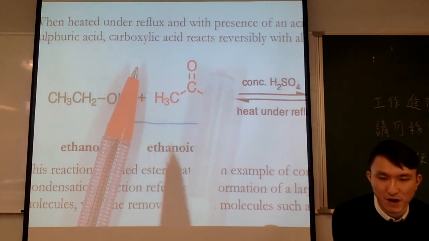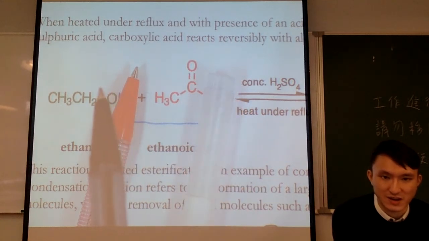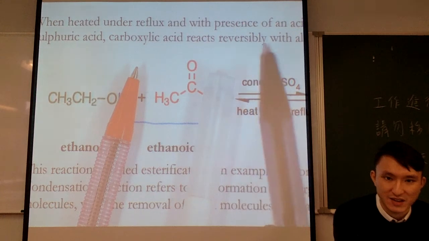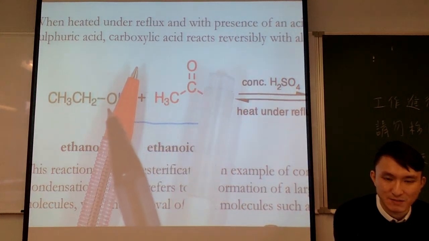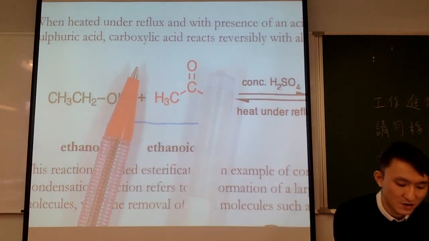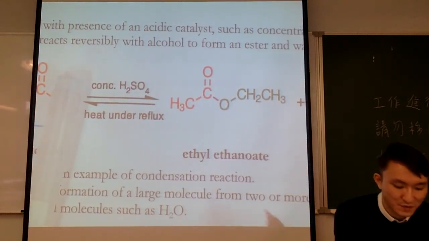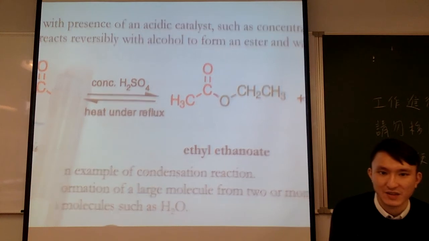So what these two parts do is connect to one another. So the red part and the green part, they kind of join together. C bonded to this oxygen atom O. So we have this one. Okay, we form an ester. Okay, you get it?